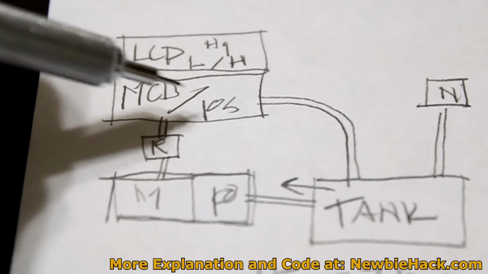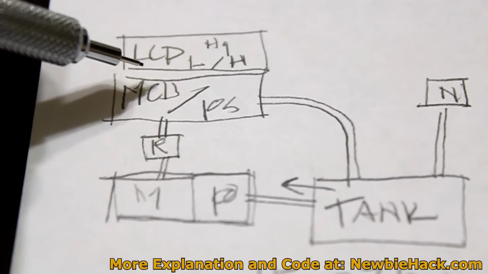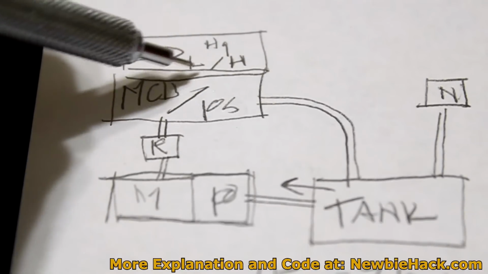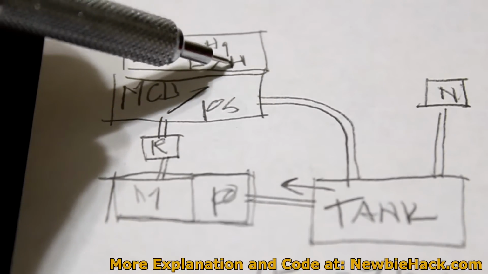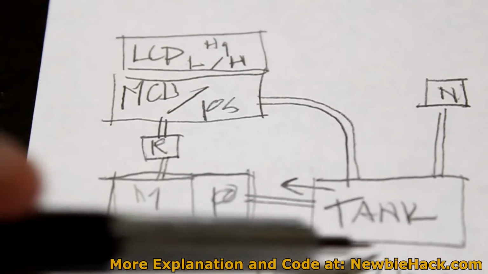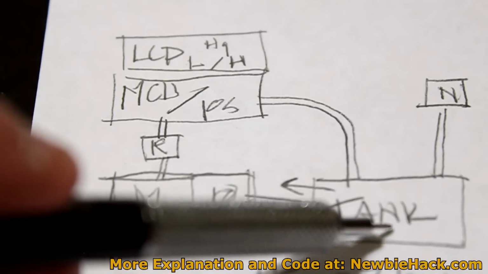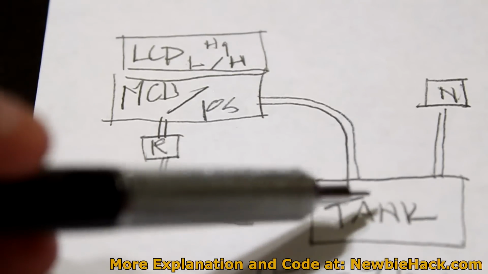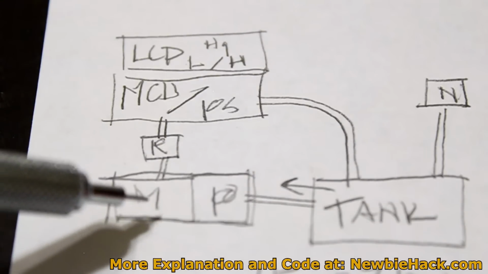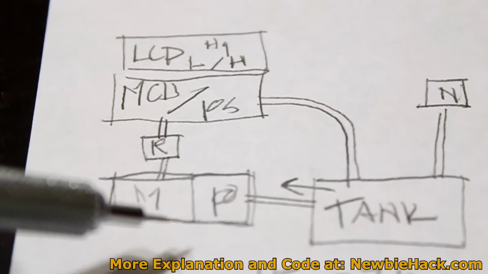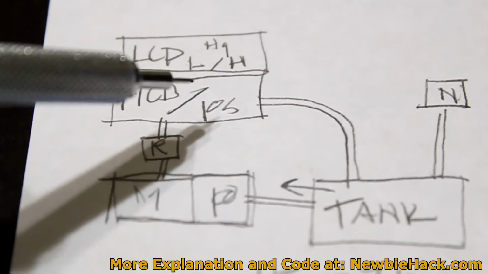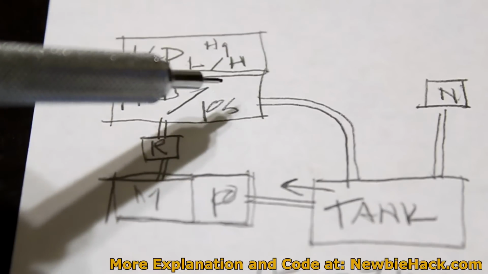We can also create maybe 2 potentiometers or maybe a couple buttons to increase or decrease the low and high values, so we can tweak our low pressure in the tank and our high pressure in the tank, to determine when the motor will turn on and off. And we could do that using 2 more analog to digital channels.